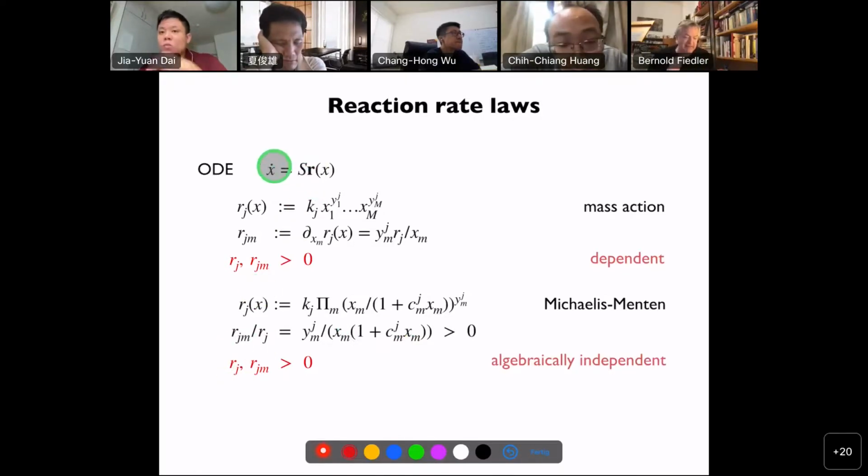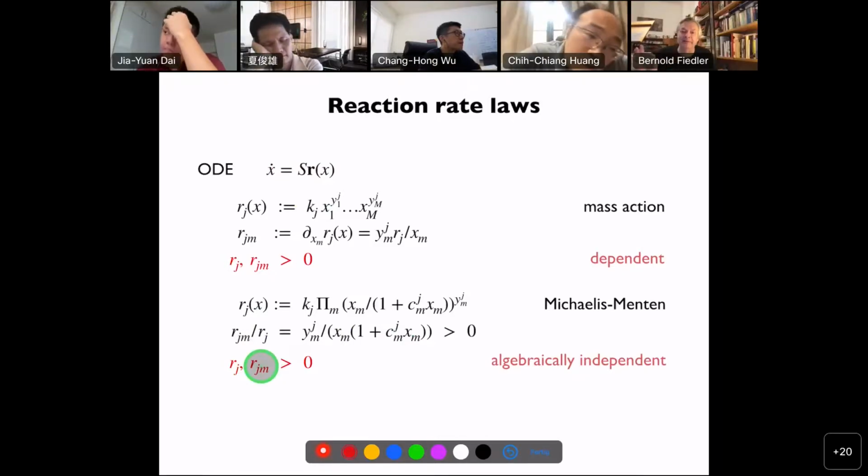You see, SR equals 0 is a linear equation in the values Rj. I can consider the values Rj, positive of course, and the partial derivatives, also assume positive, more reactant gives more reaction, to be algebraically independent. And now I'm not talking about the coefficient Kj or Cmj anymore.